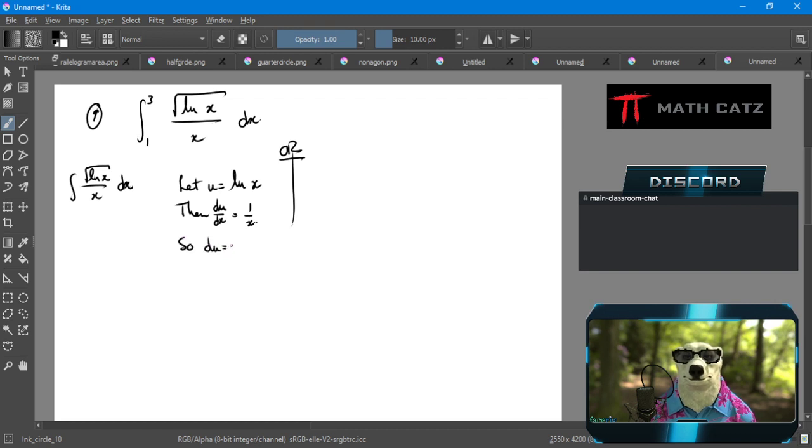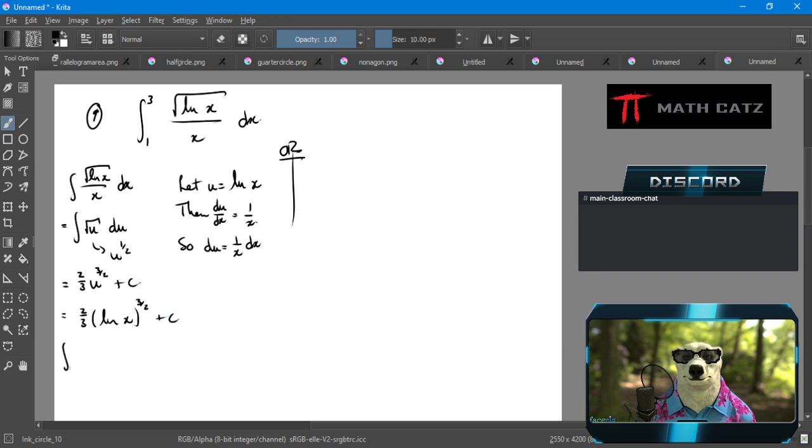Separating the differentials, just verify what I need to see, and then I'm ready to do it as root u du. Now that's u to the 1/2, which I can do a reverse power rule on as u to the 3 over 2 and 2/3 in front plus c. This method requires that I go back to x. It's going to be natural log of x, all of that to the 3 over 2.